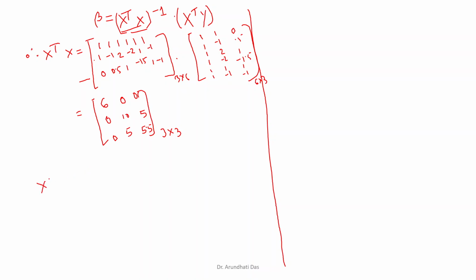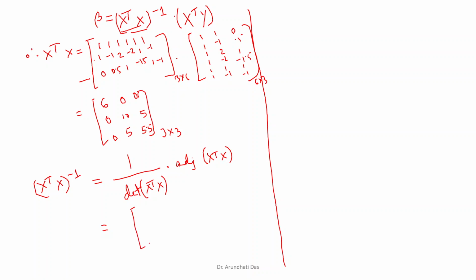If I need to take x transpose x whole to the power inverse, the formula for finding the inverse is the determinant of the given matrix x transpose x, multiplied by the adjoint of that x transpose x. This is how we find the inverse. So after doing all the multiplication, what is the final value that I am writing here?